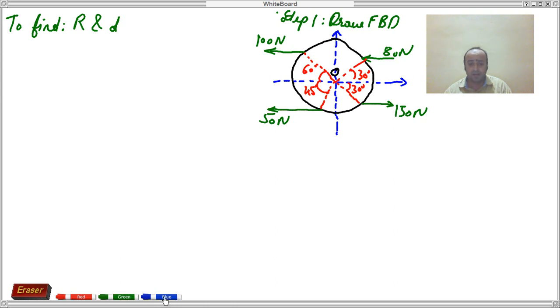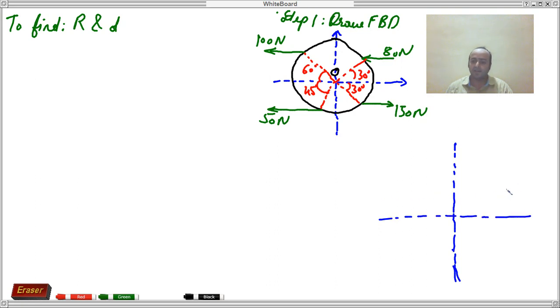Let me draw a separate diagram over here that I will be requiring at the end. So that will be somewhat like this. Comparatively, it is a bigger one, like this. Okay. Same way, I'll be showing the forces. This is 100 Newton.